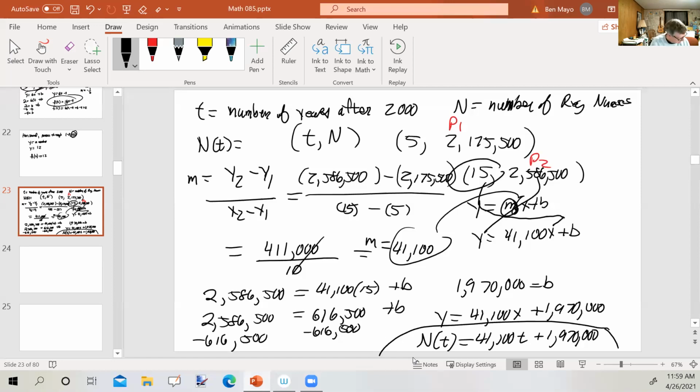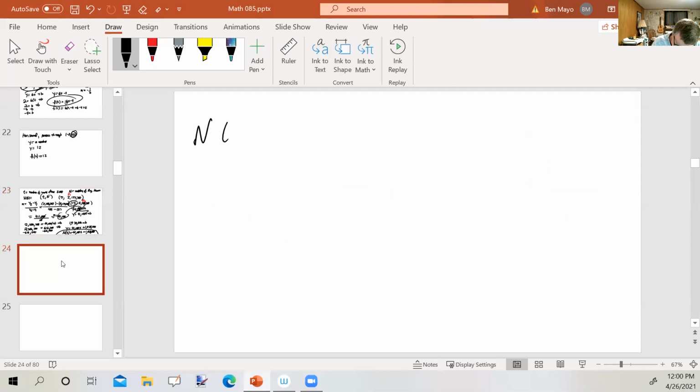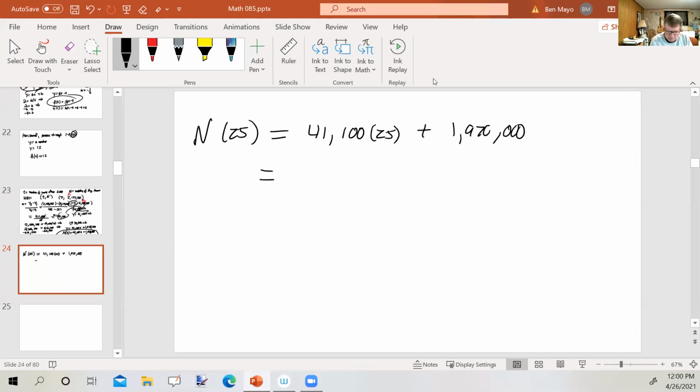All right. Now, there's a follow-up question that says, use your answer in part A to predict the number of full-time registered nurses that will be needed in 2025 if the trend continues. So for 2025, T would just equal 25. So I want to find N of 25. N of 25 is going to be 41,100 times 25 plus 1,970,000.